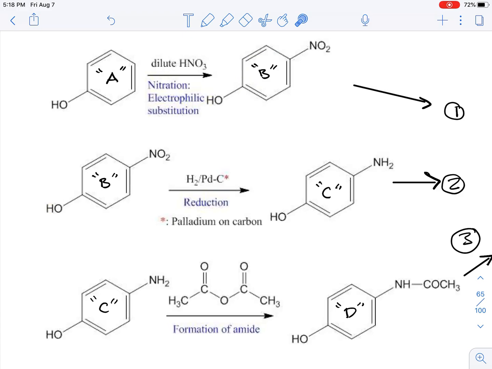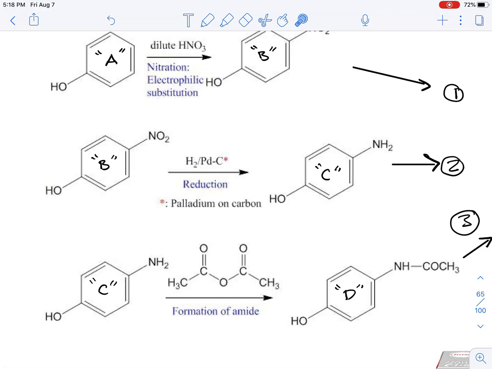The completion of the first step will allow the product of the first step to become the reactant of the second step. This substance B is then going to undergo a reduction process that allows this nitro group to be reduced to NH2.